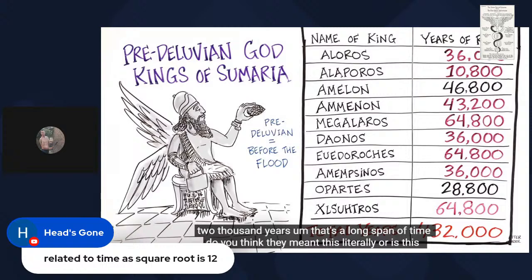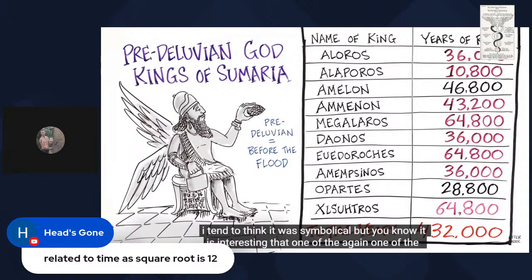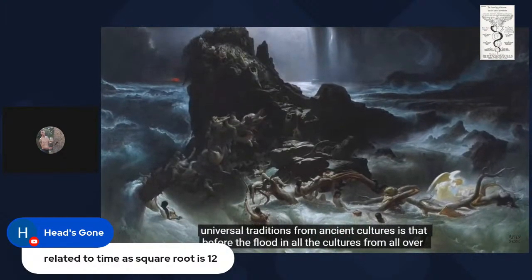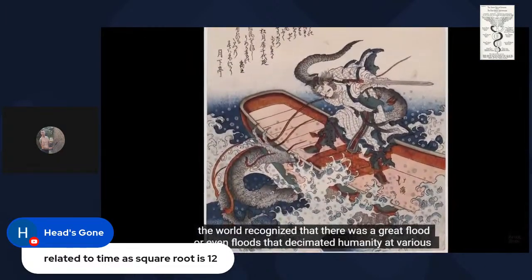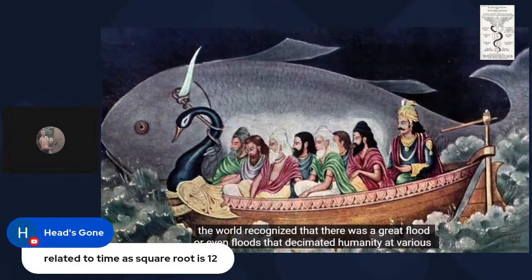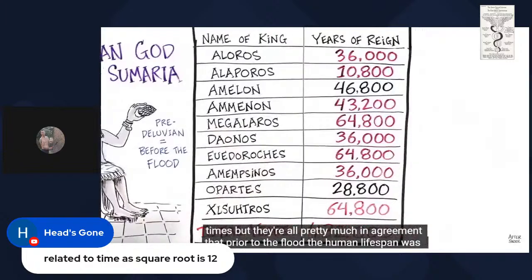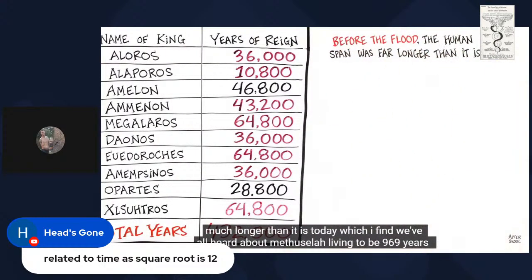Do you think they meant this literally, or is this strictly symbolic and figurative? Is it possible that a king could have reigned for 36,000 years? I tend to think it was symbolical, but it is interesting that one of the universal traditions from ancient cultures is that before the flood, and all the cultures from all over the world recognized that there was a great flood or even floods that decimated humanity at various times, the human lifespan was much longer than it is today.